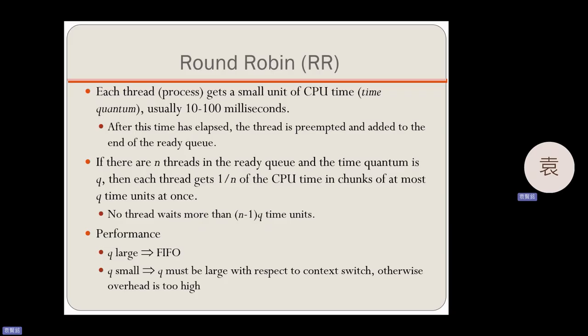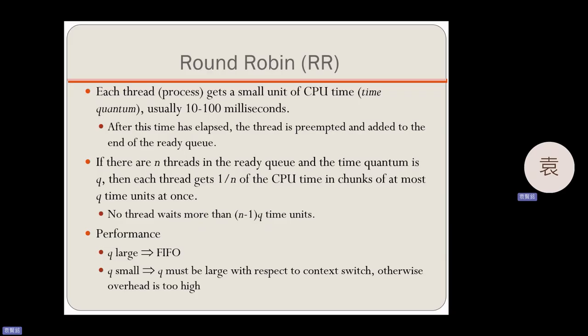And regarding the performance of round robin scheduling, if q is very large, then it is similar to first come first serve, because q is larger than the next CPU burst of all the processes. Then it is first come first serve, or first in first out. If q is small, it must still be large enough with respect to the context switching time, otherwise the overhead for context switching becomes too huge.